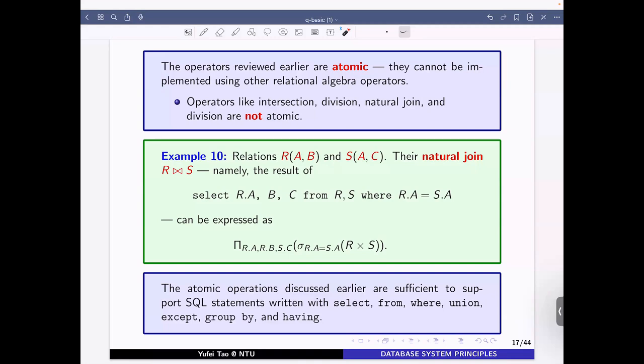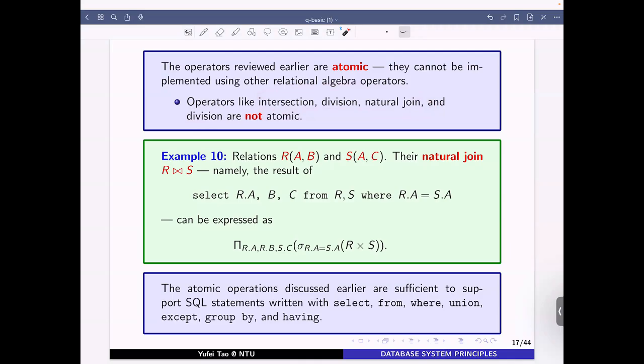In the prerequisite, you should have learned some more operators like intersection, division. Still remember division? Division can really be confusing to a lot of students. Natural join. But none of these operations is atomic.